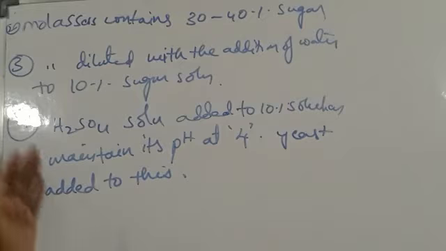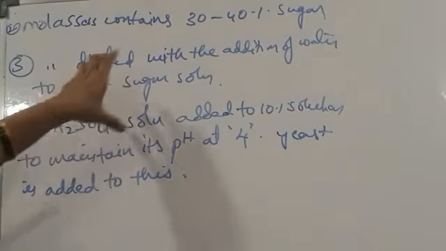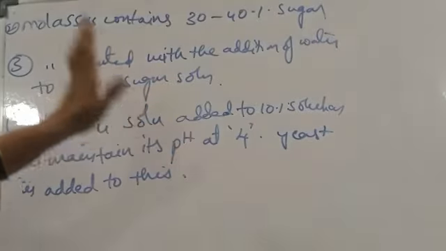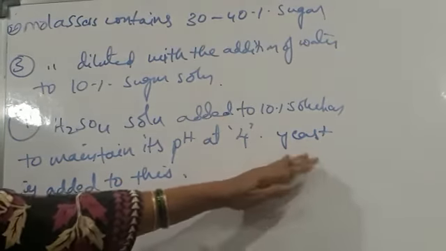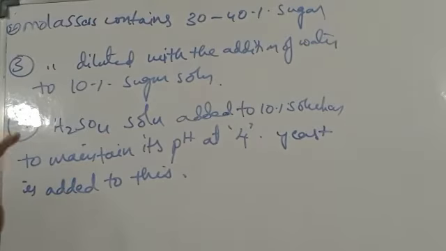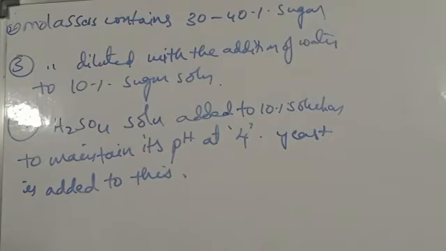So after the addition of sulfuric acid to maintain pH at 4, we have to add the yeast, which is a microorganism that produces the enzymes.